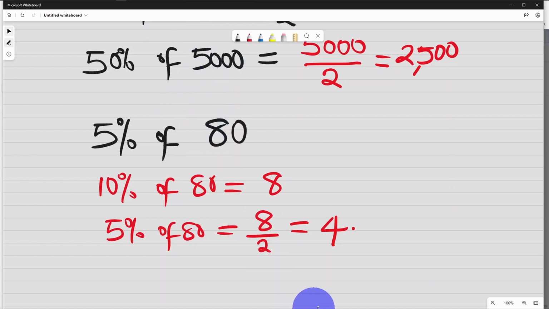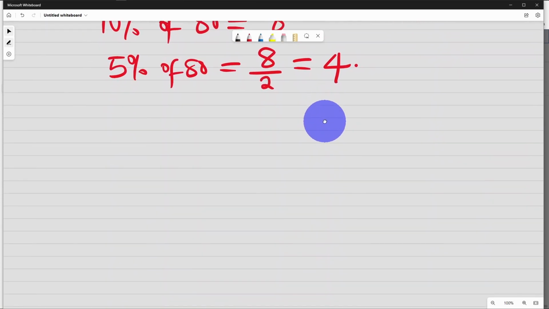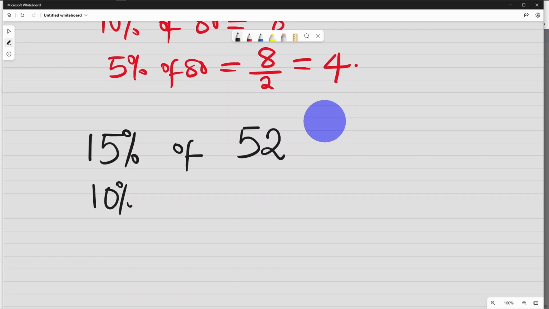If, for instance, we want to find 15% of 52, first we find 10%, then we find half of 10%. So 10% of 52, you move the decimal point one place, will give us 5.2.